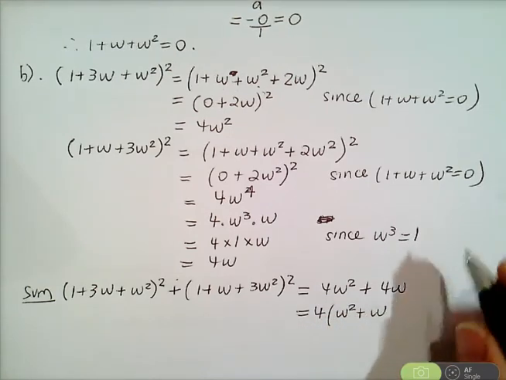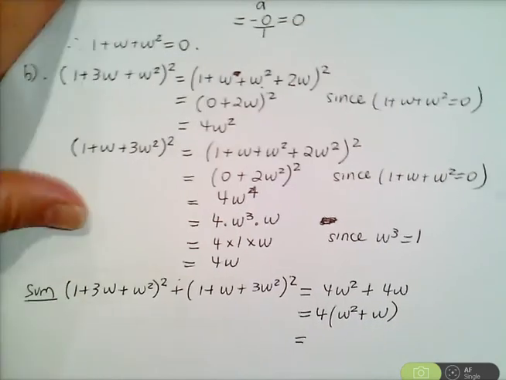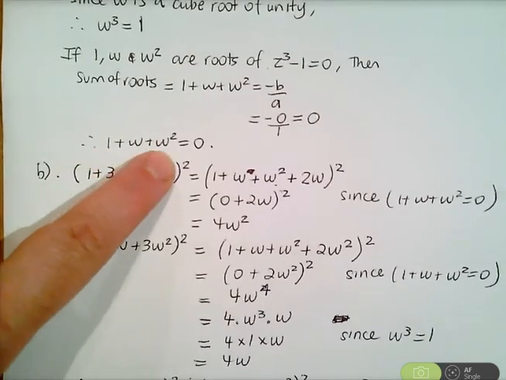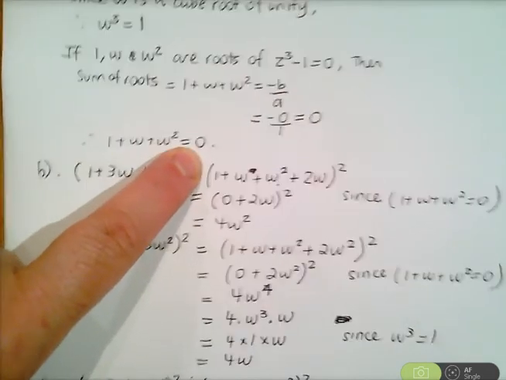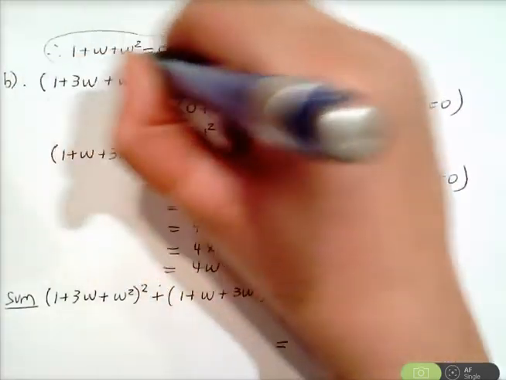Now I really can't do much with that, okay, because I really only know what 1 plus w plus w squared is. If we look back up, yeah, we know that 1 plus w plus w squared is 0. So I really do want to try and form that. I need to use this, okay?